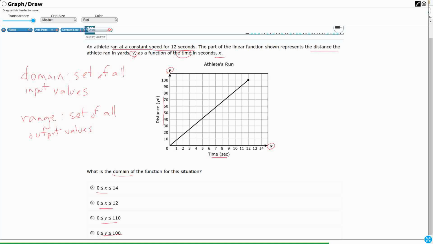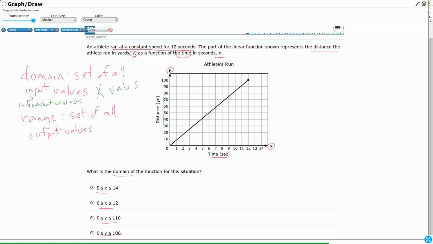So when we talk input and output, we typically will think of those in terms of x or y axes, right? So the input is what we start with. This is our independent variable, and it is always going to be associated with our x values.